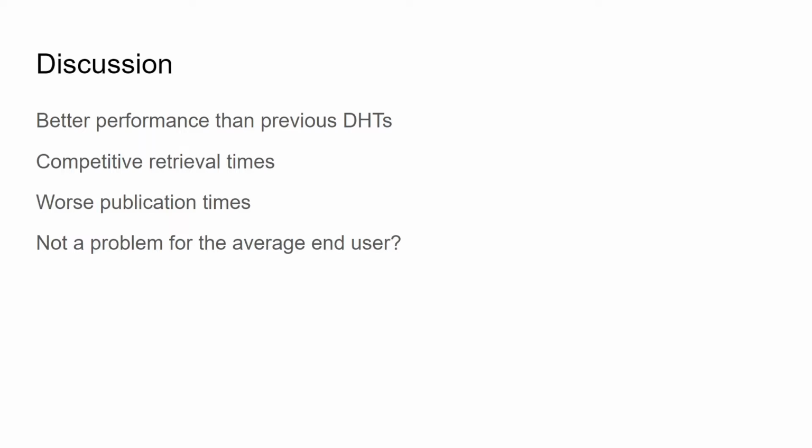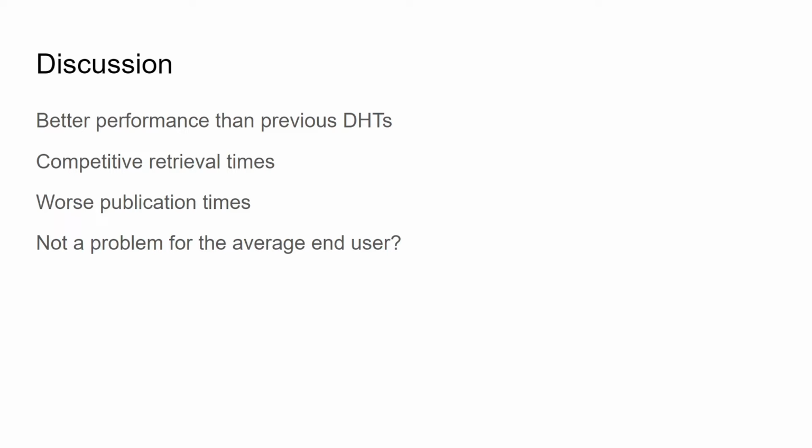Some final notes. The authors find that IPFS has much better performance than, for example, the Kademlia implementation of BitTorrent, which tends to have numerous dead nodes that clog up the routing table of peers. On the other hand, the largest difference compared to a baseline of HTTPS is the publication performance.